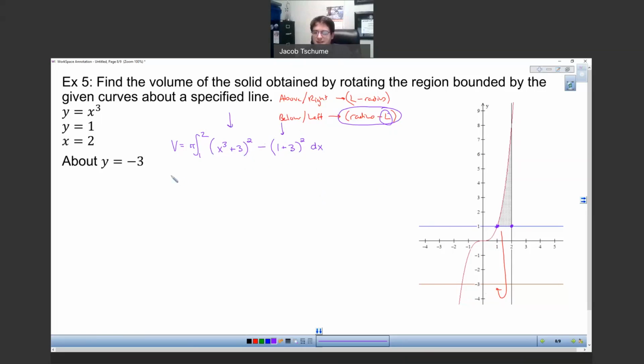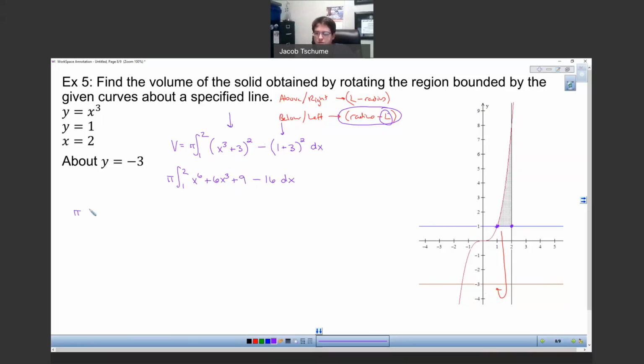So this would be pi times the integral from 1 to 2. If you square x cubed plus 3, that would be x to the 6 plus 6x cubed plus 9. And then you would subtract from this 1 plus 3, which is 4, and 4 squared is 16.